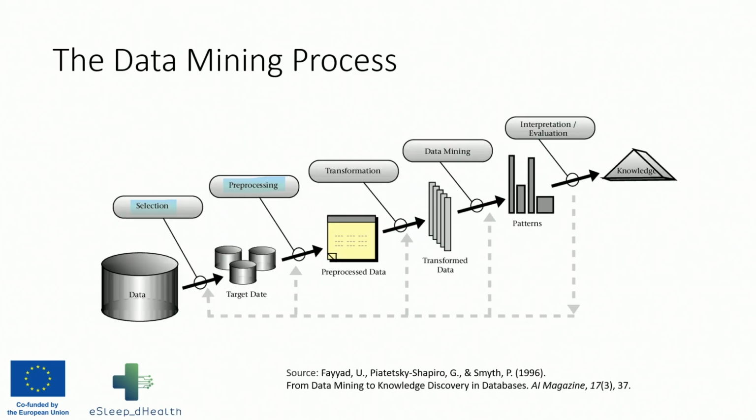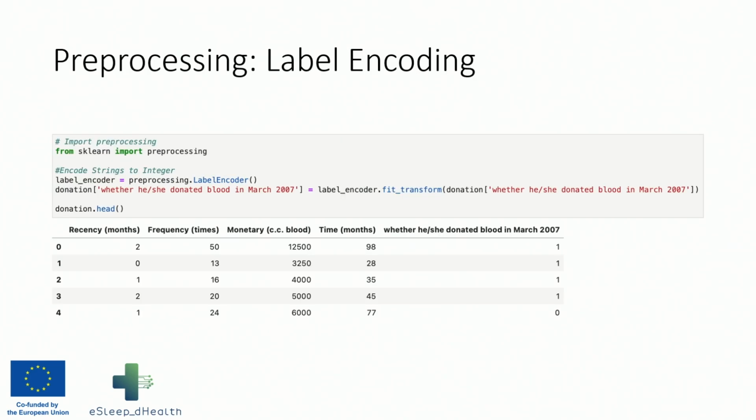Second part is the pre-processing. So there are some pre-written functions to do those types of pre-processing steps that we talked about in the last session. So for example, for label encoding, there is a function called LabelEncoder. You need to load it from the scikit-learn package.